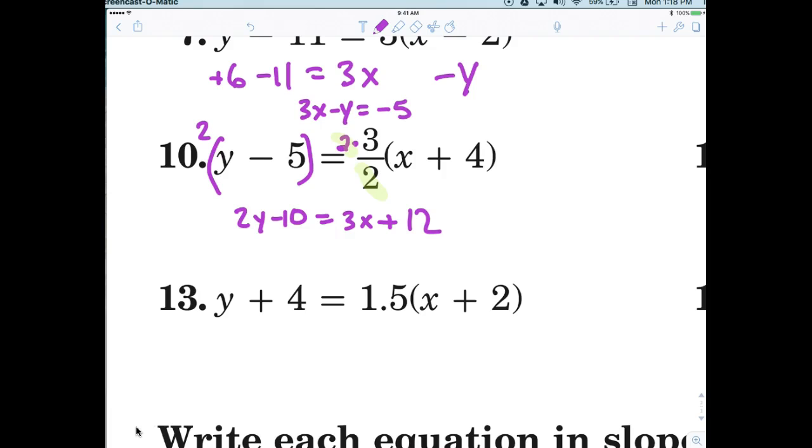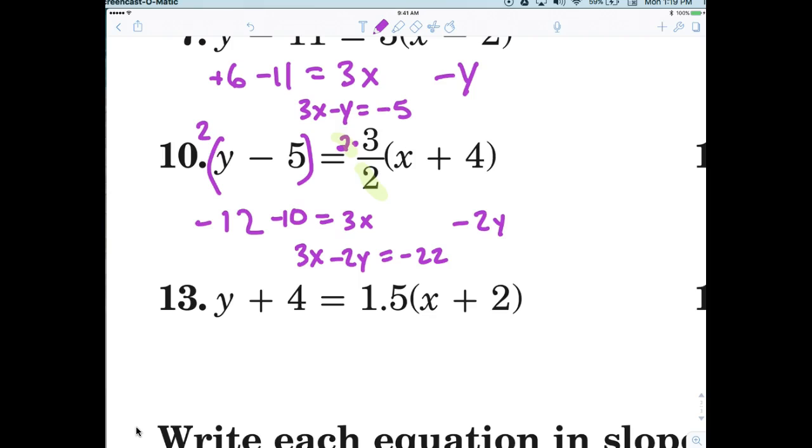Again, I got to move the x's and y's. This time I'm going to move the y, and it becomes negative. Then I'm going to move the 12, and it becomes negative. So now, my answer, 3x minus 2y equals negative 22.